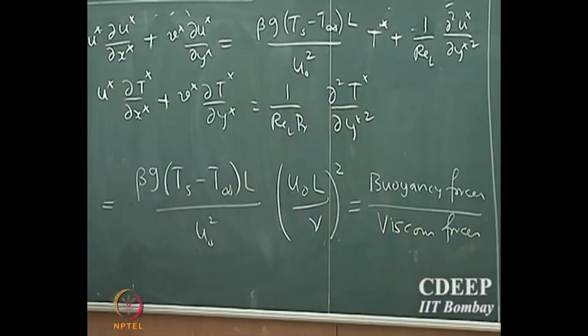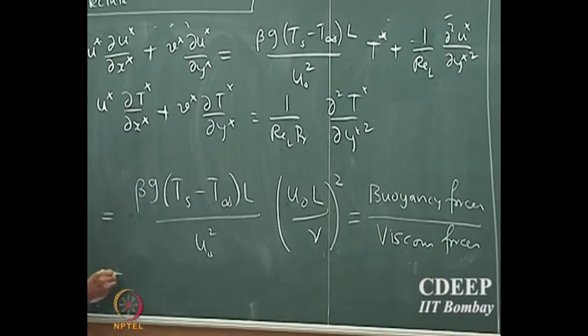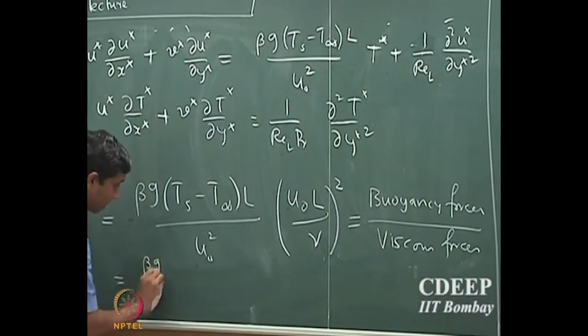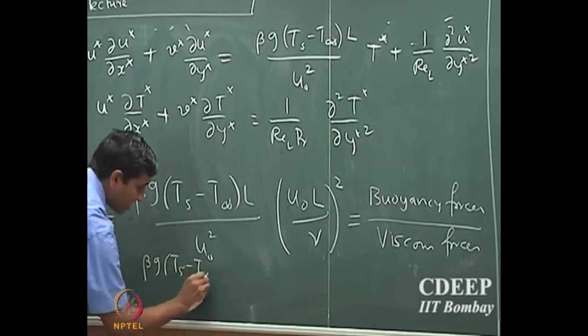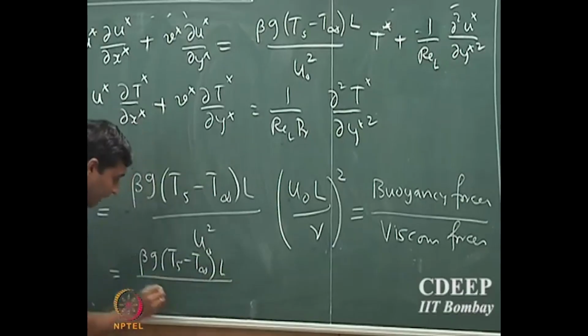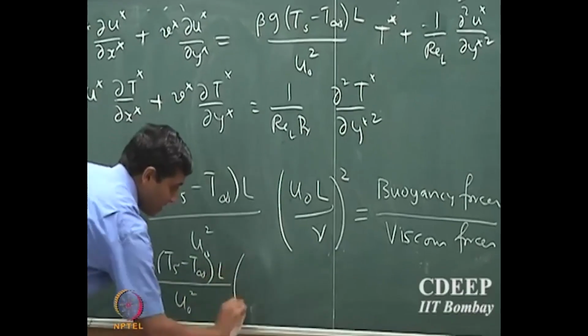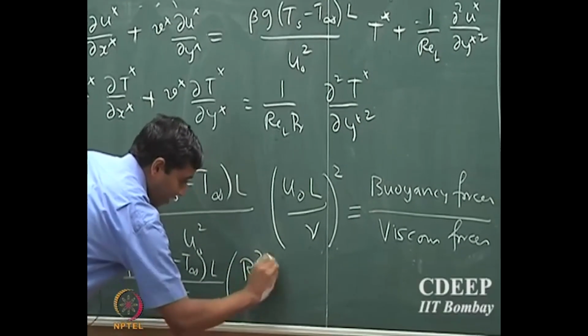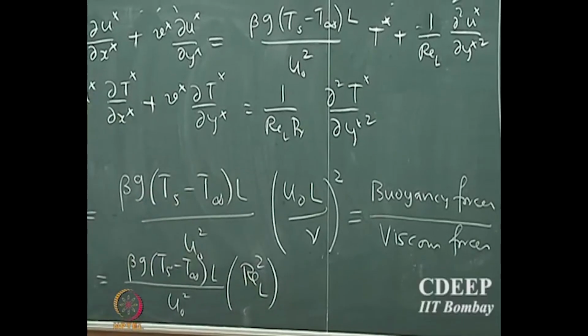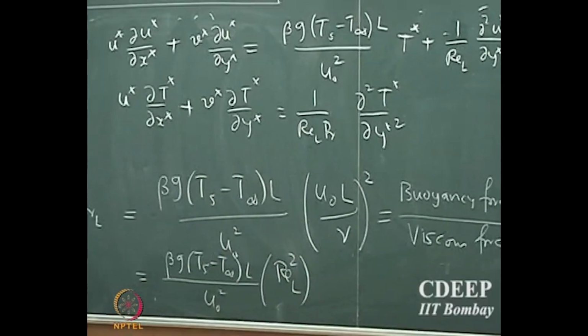So the Grashof number is essentially beta g (Ts minus T infinity) L by u naught square into Re_L square. That's the ratio of buoyancy forces to the viscous forces. It's a square of the viscous forces because of the scaling that you will require for the buoyancy forces.